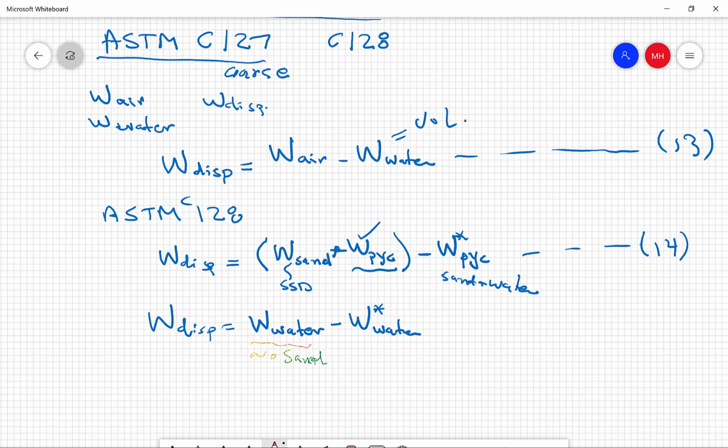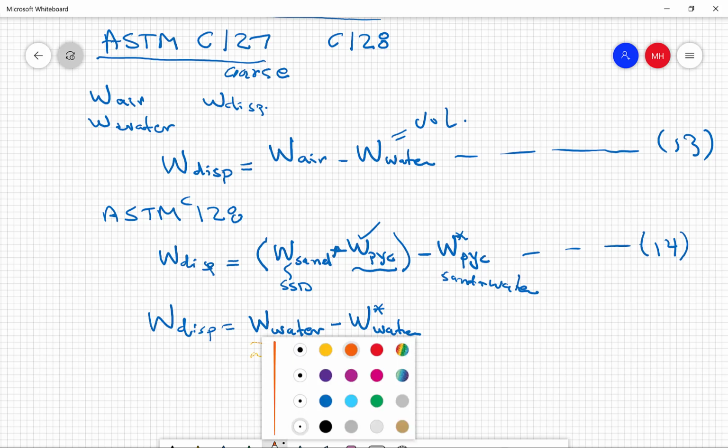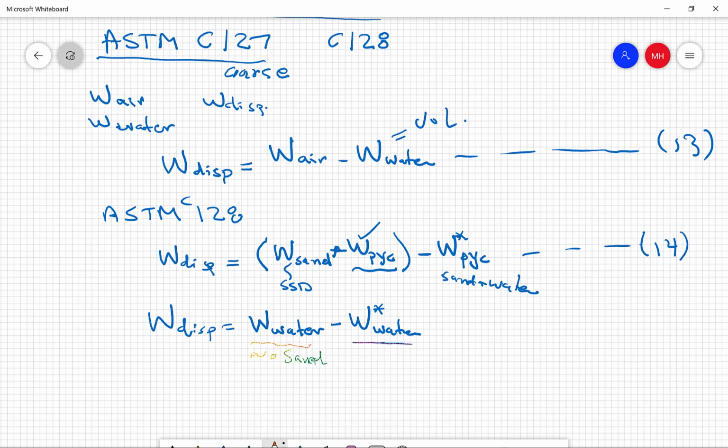And the W star water, this value, is the weight of water in the pycnometer in the presence of sand. This is with sand.